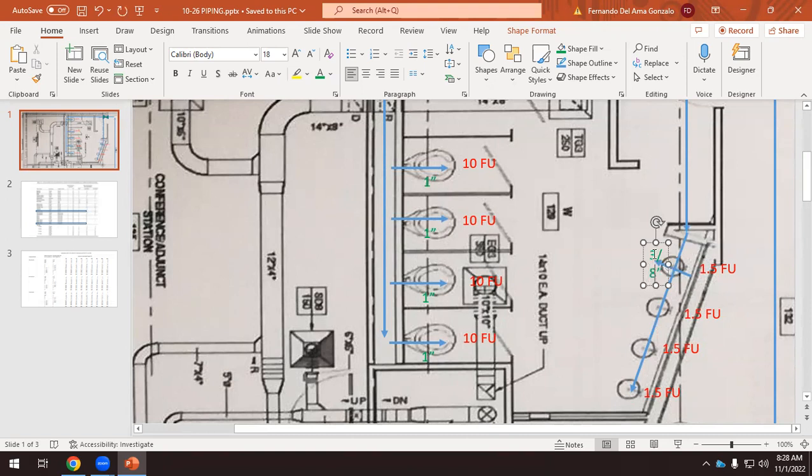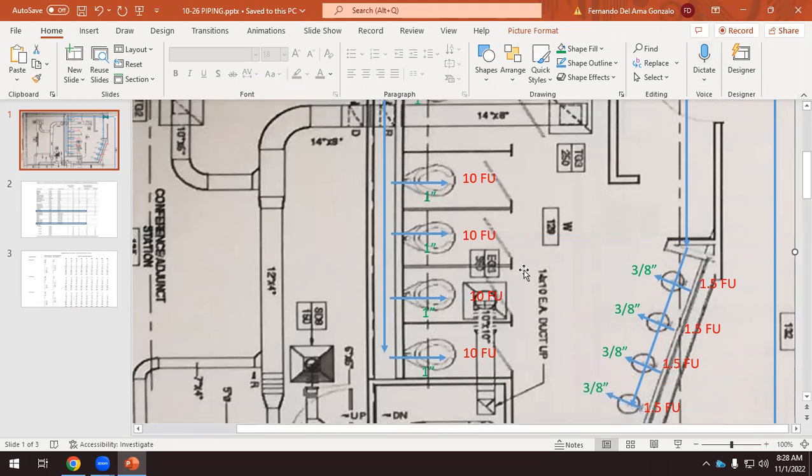Three eighths. Now I select this. And 3/8.